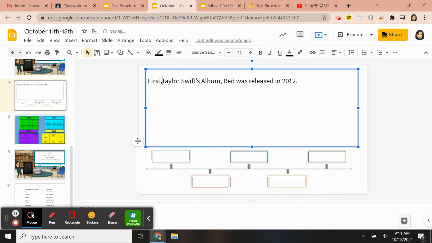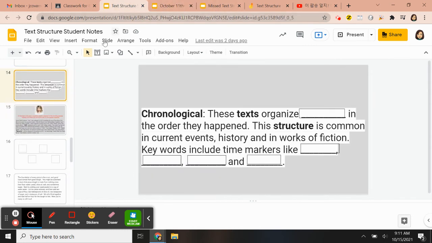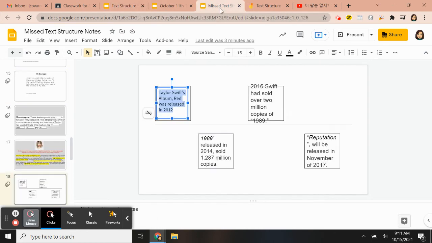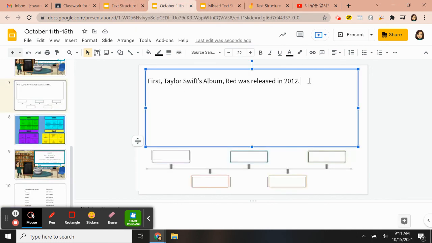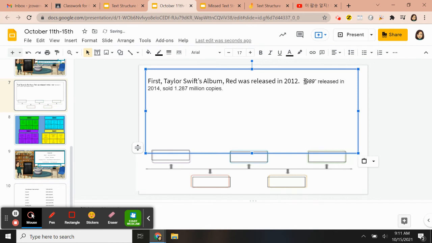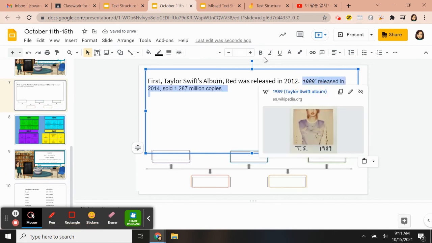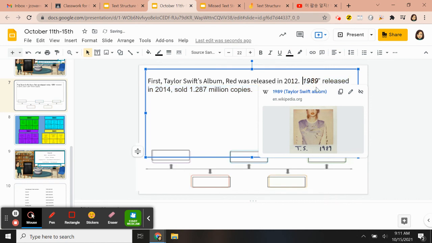Okay, so we can say first, Taylor Swift's album Red was released in 2012. Now we're going to go get our next event, which is this one in 2014, and give me a word that we can use to introduce this next sentence here. So we have 1989 released in 2014 and sold over 1.2 million copies. What could we use for our next word? Nathan. Then.